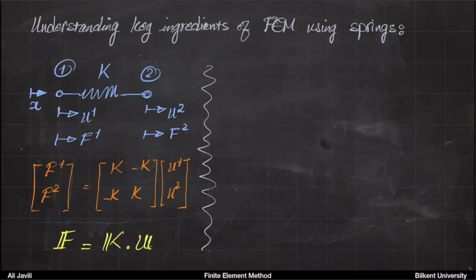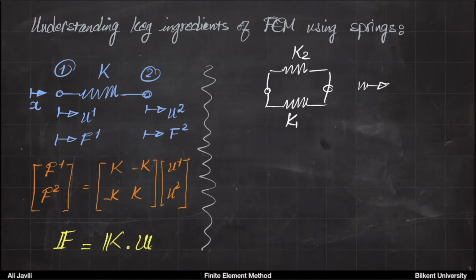So the first thing we want to do is a spring combination like this. Let's say you have these two springs, K1, K2, and we want to ask ourselves, what is the effective stiffness of this system.